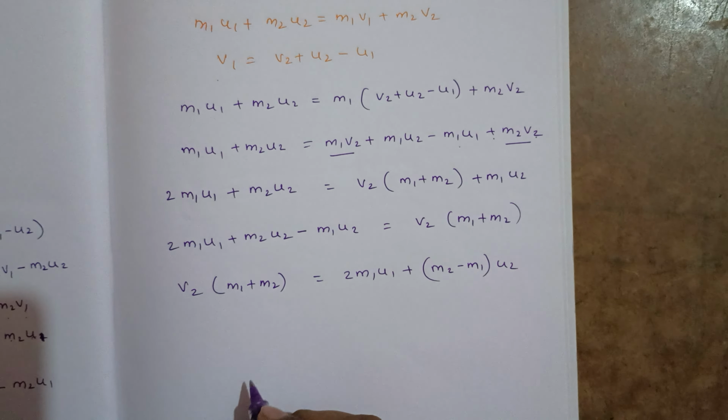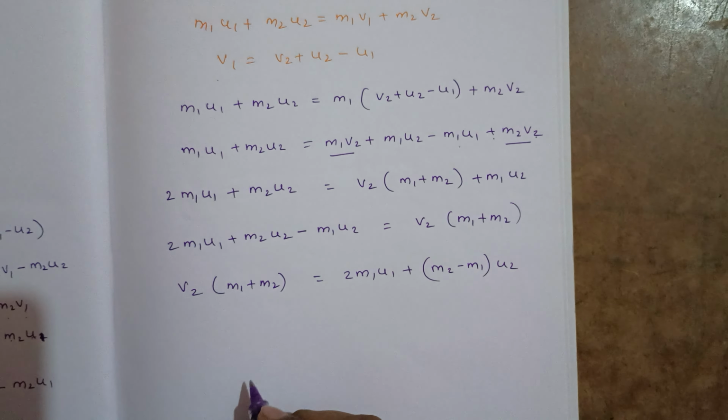This m1 plus m2 coming this side, v2 equal to 2m1 u1 plus m2 minus m1 into u2 by m1 plus m2.